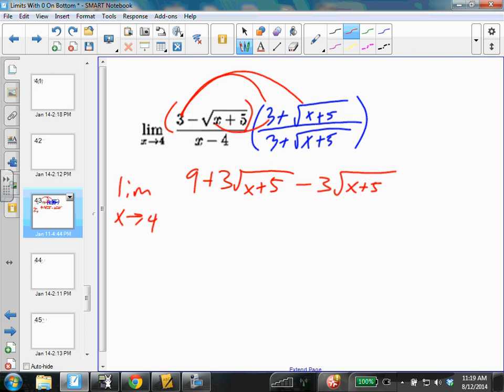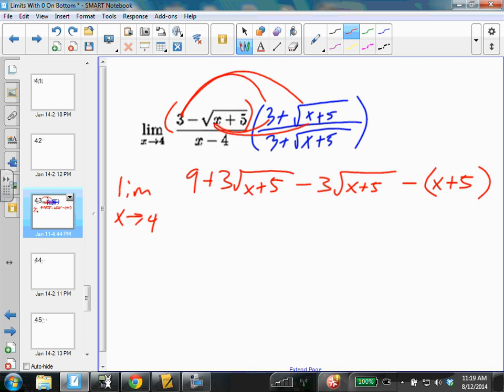And now we have the negative square root of x plus 5 times the square root of x plus 5. Notice it was a negative times a positive, so the result is going to be negative. And then the square root of x plus 5 times the square root of x plus 5 is going to make x plus 5.